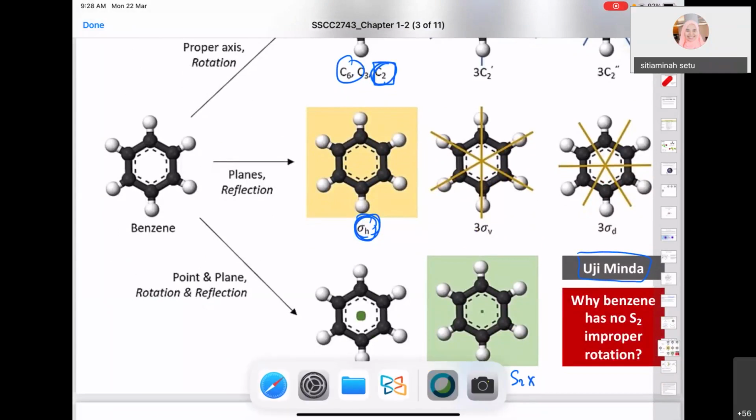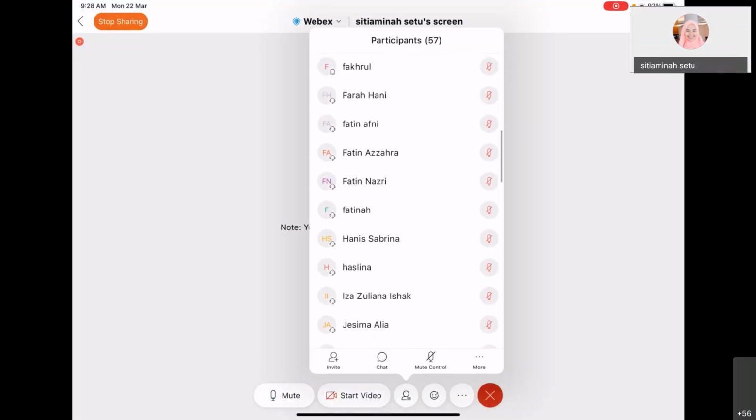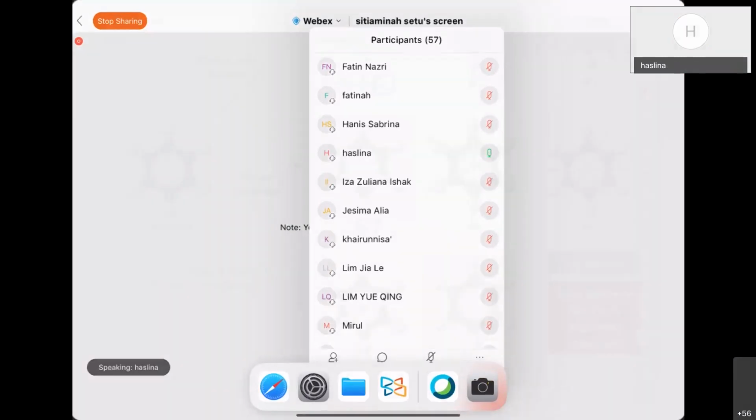Boleh saya panggil seorang? Haslina, siapa Haslina? Saya doktor. Soalan saya, kenapa benzin tak ada S2?